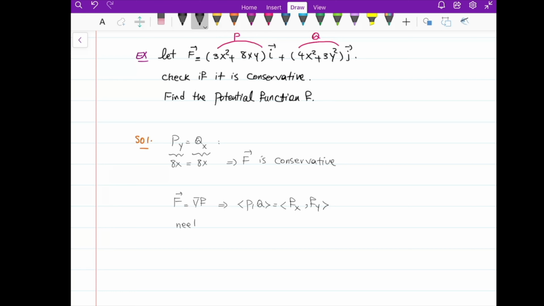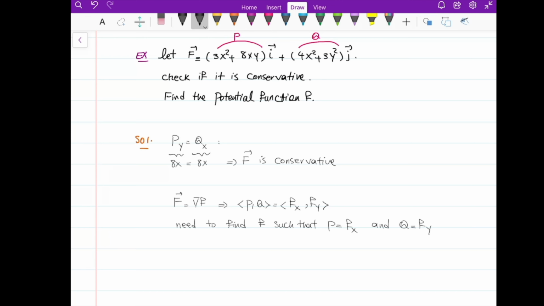So we need to find a function f such that P is equal to fx and Q is equal to the partial derivative of f with respect to y.